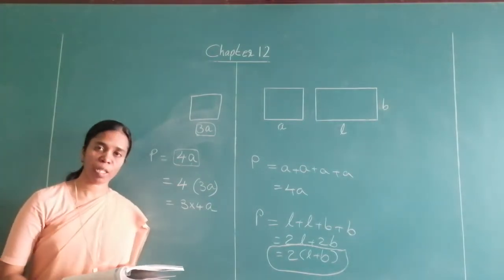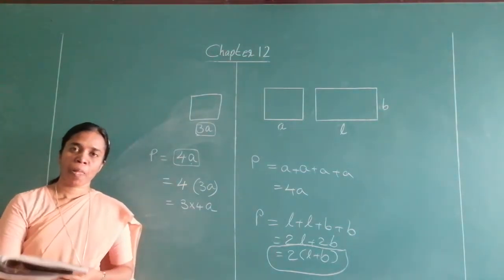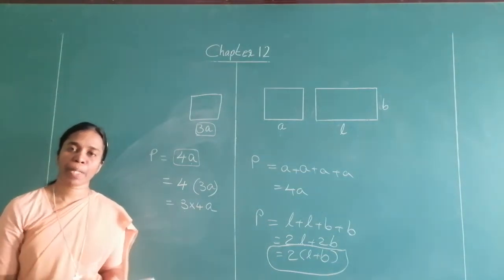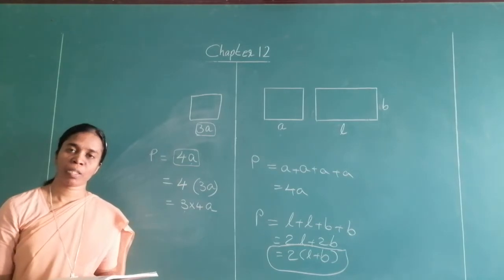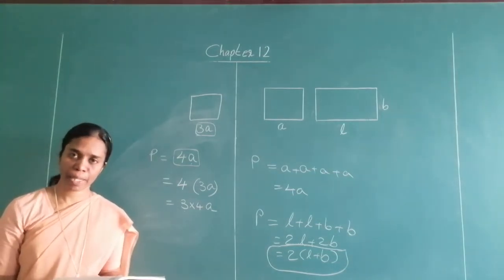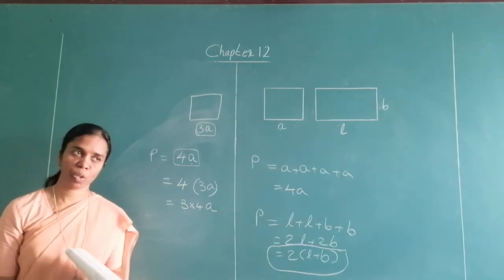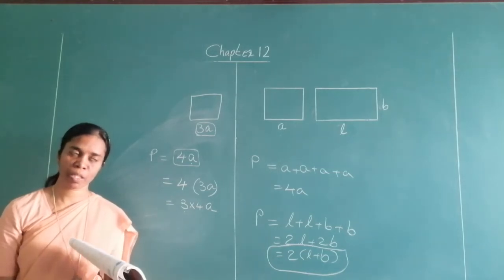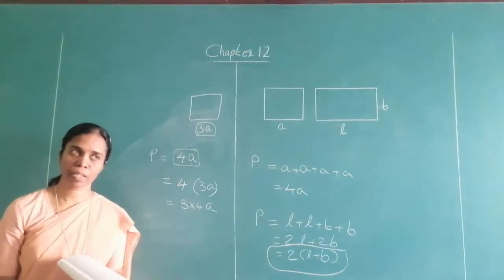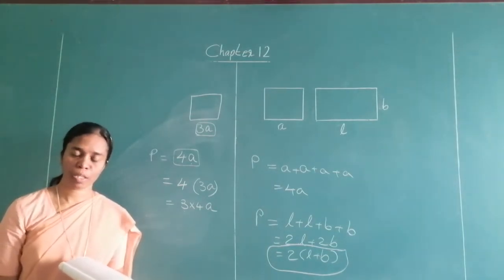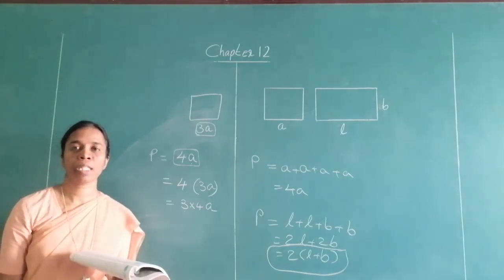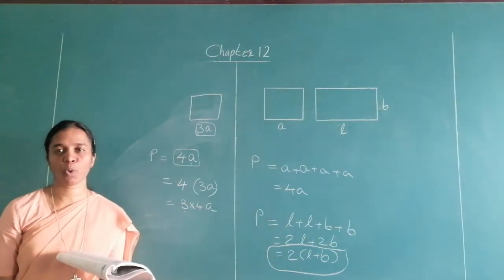Therefore, the perimeter of a square with triple length, where triple length is 3 times, is 3 times more.